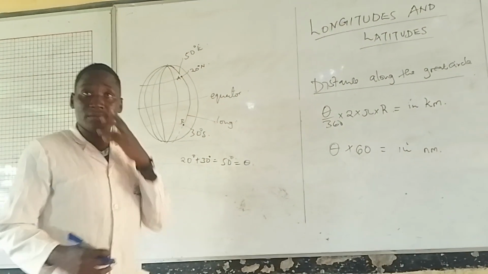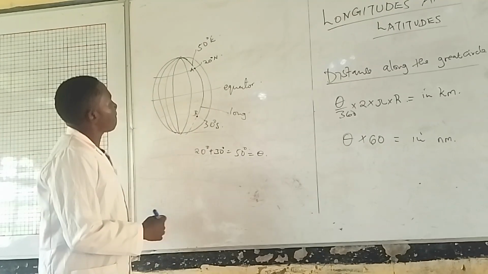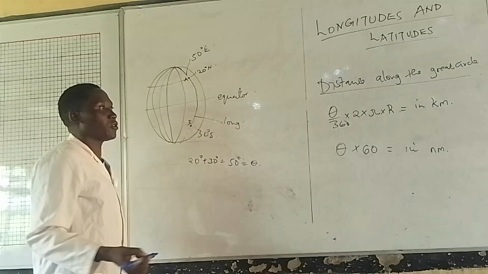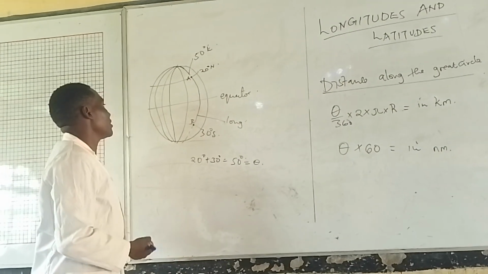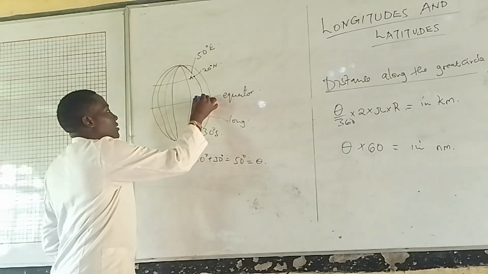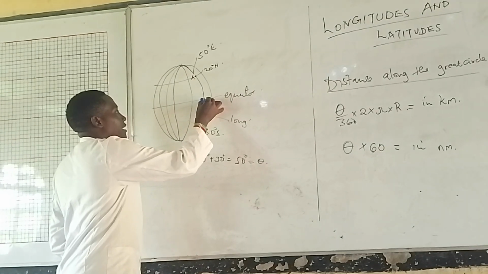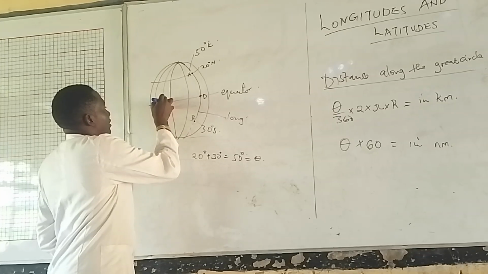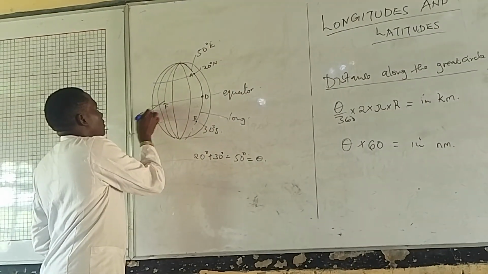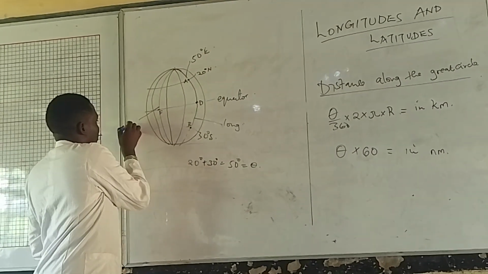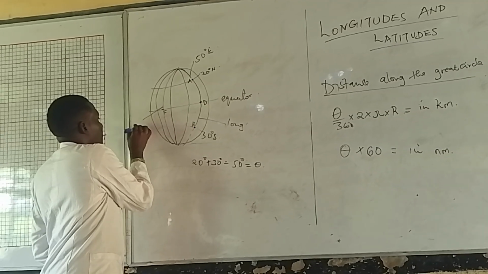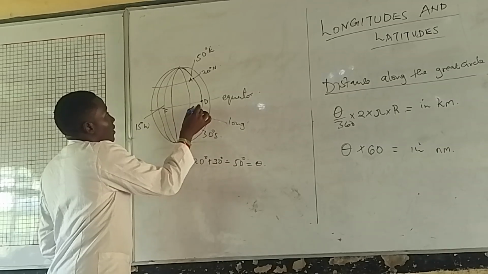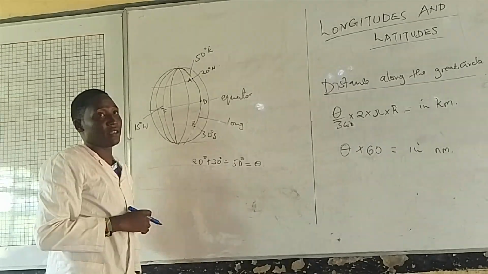Let us also assume we needed to get the angle difference of two points, point D and point F. This one is 15 degrees west, while this one is 50 degrees east.